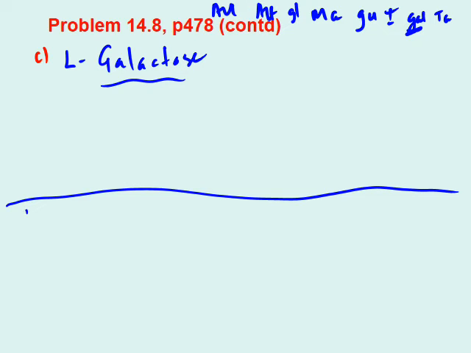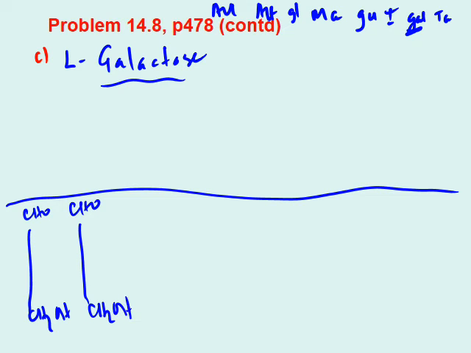First write down CHO on the top and CH2OH on the bottom. In each case, CHO on the top, CH2OH on the bottom. There are quite a few.